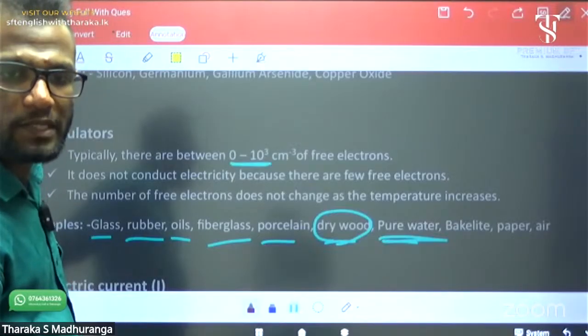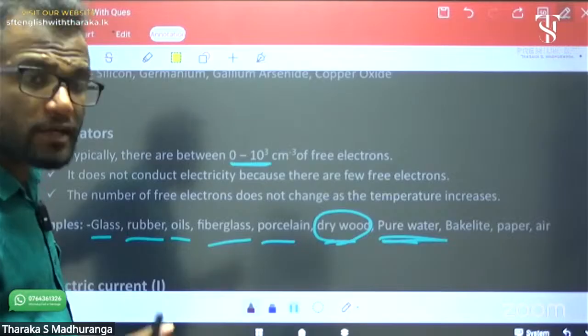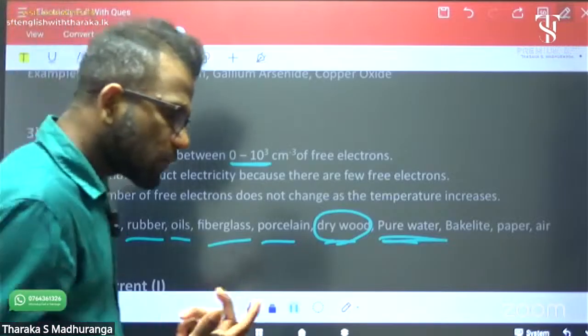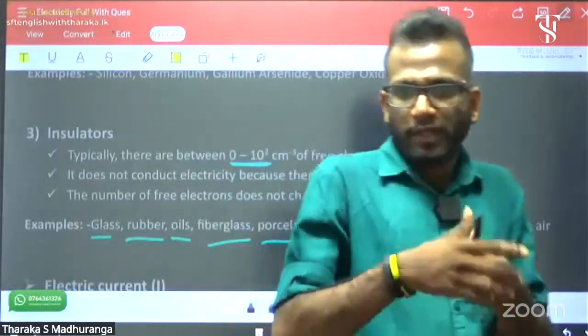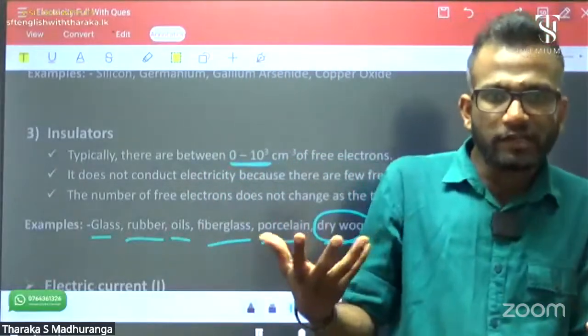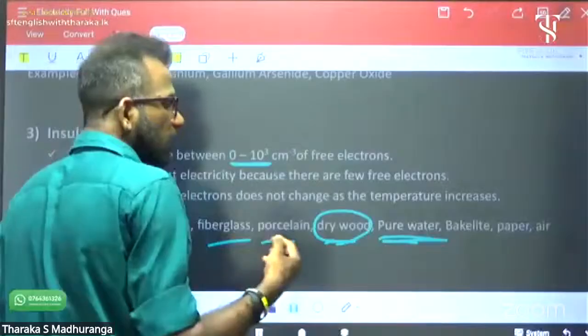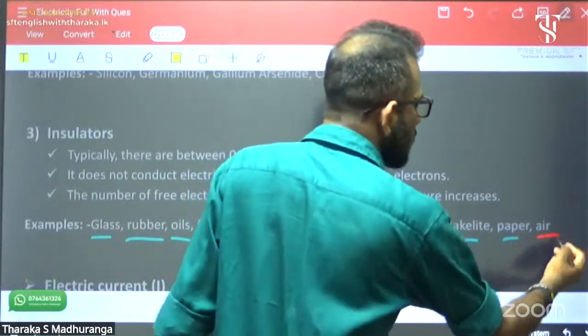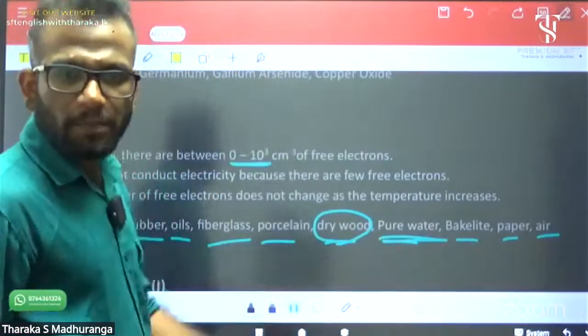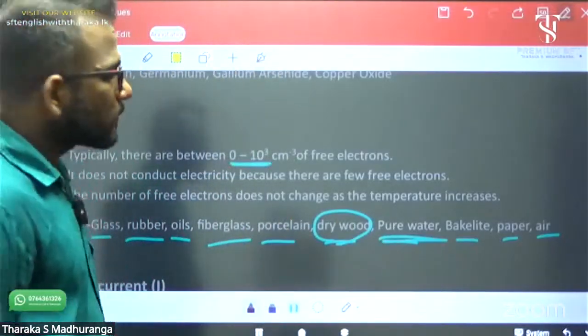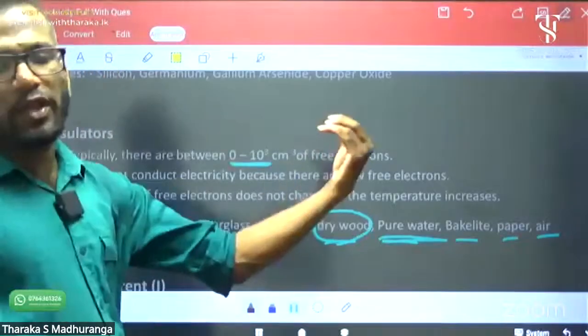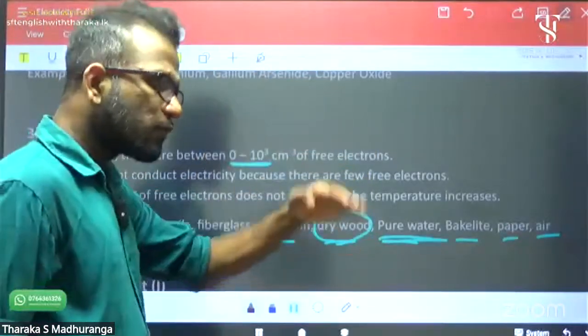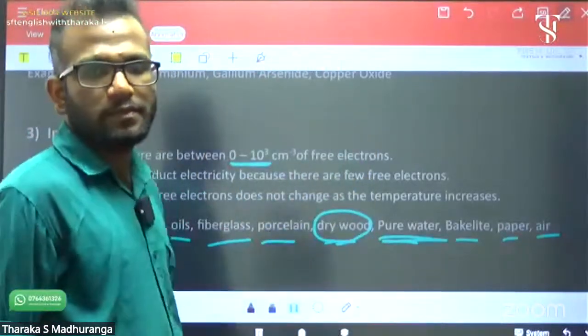Wet wood is a conductor, because wood can hold water. Normally, I told you natural water is a conductor, so wet wood is a conductor. Bakelite is a polymer. Paper, air, and polythene plastic are insulators. What is the reason? The number of free electrons is very small.